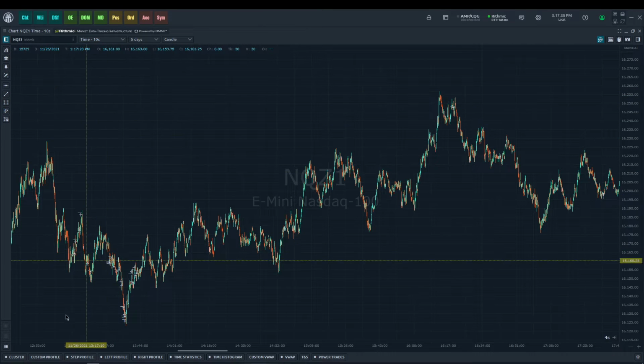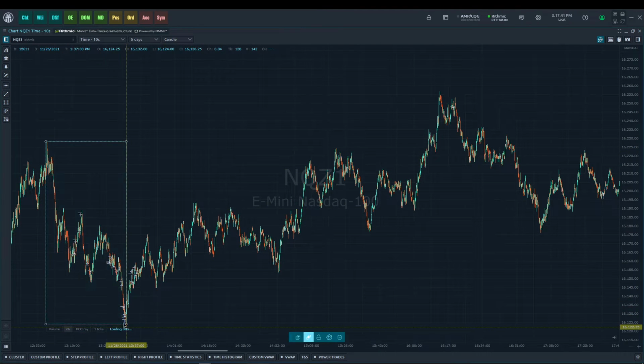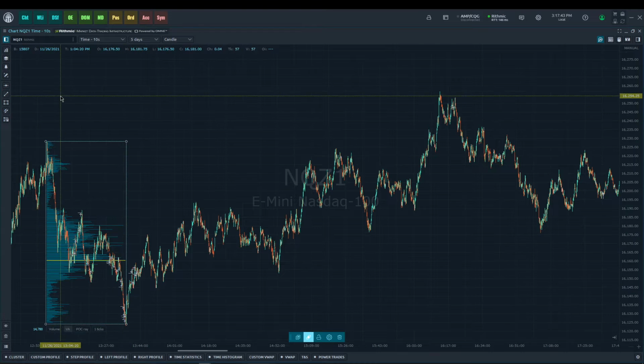So with the Quant platform, we're using the volume profile, and I'm going to apply the volume profile on each and every leg on the 10-second chart to extract the volume profile shape, the placement of value, and identify whether the market is resting at a value or building to move on.